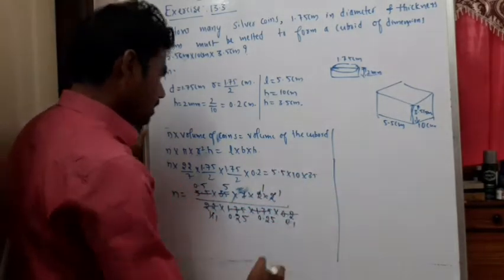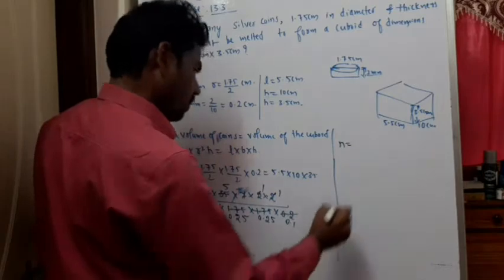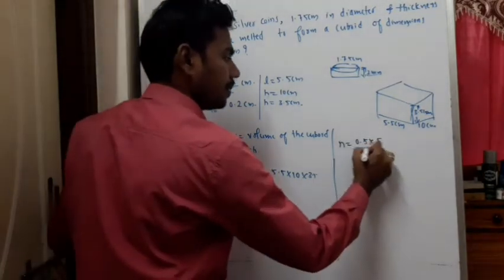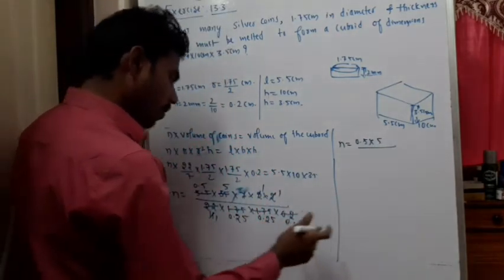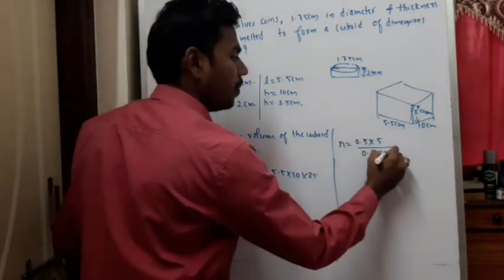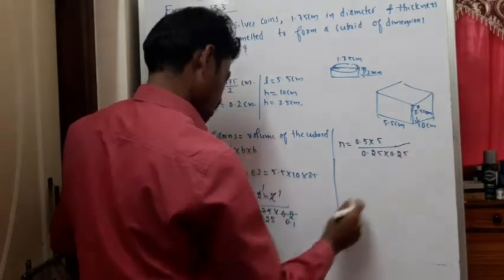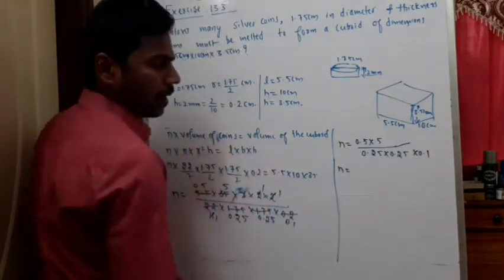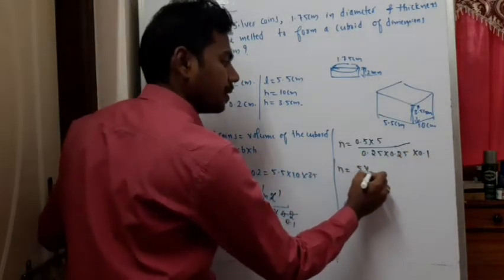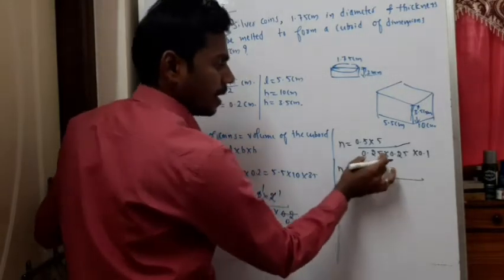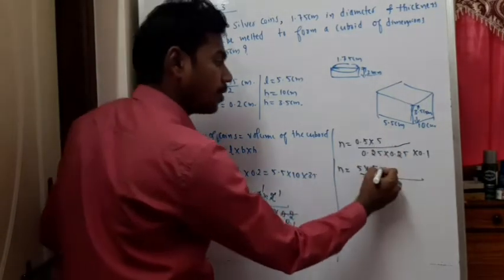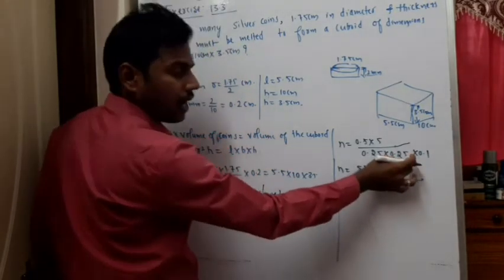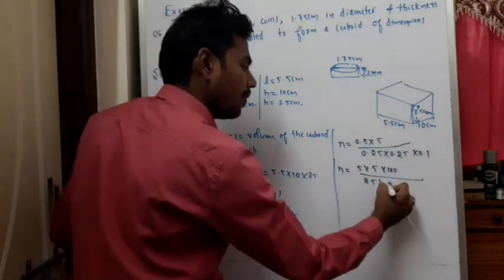So we will write down what is left here: 0.5 into 5 divided by 0.25 into 0.25 into 0.1. Now, instead of 0.1 and 0.5, I can write 5 into 5 divided by, instead of 0.25, I can write 25 here and 100 here.